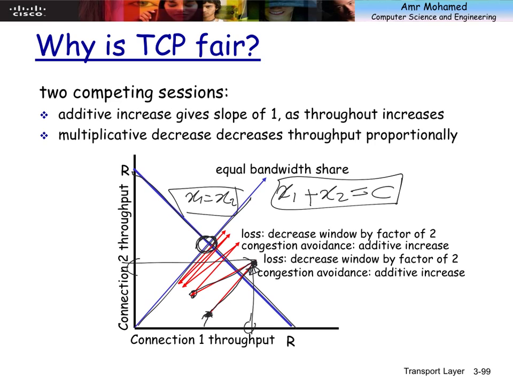So this point is basically half this and half that. If you divide this by 2, you get somewhere here. Okay. If you have, for example, a 3 duplicate acks event on one but not the other, then chances are either you will go across this line, okay, or you will go across this line. That's if you have one event on either connection.